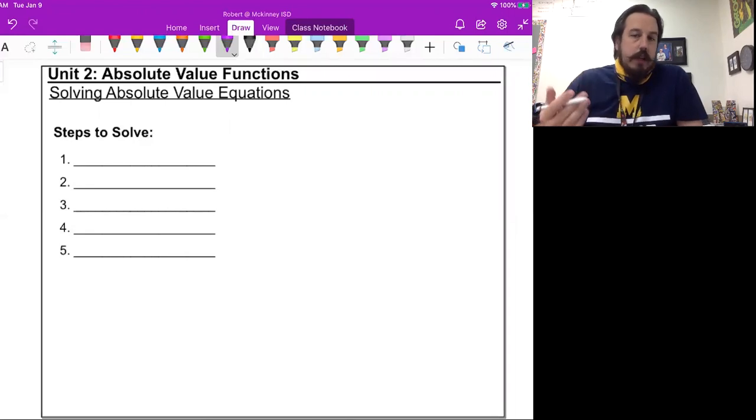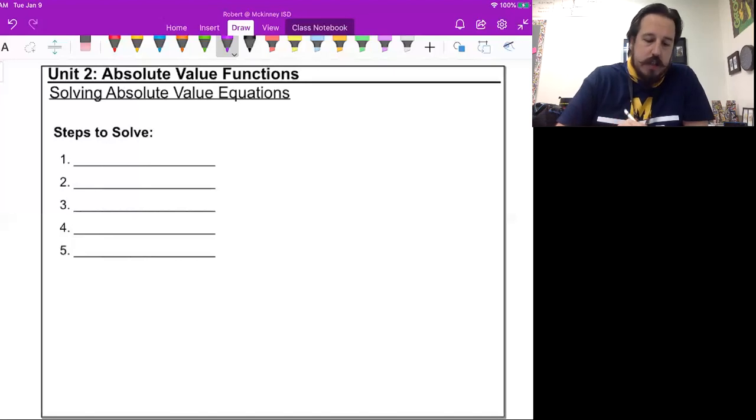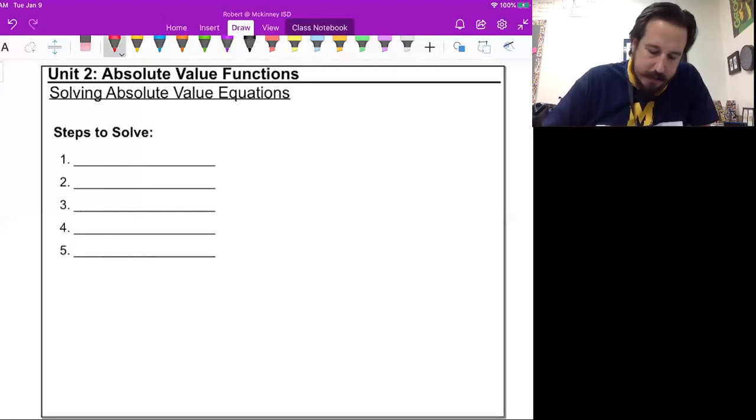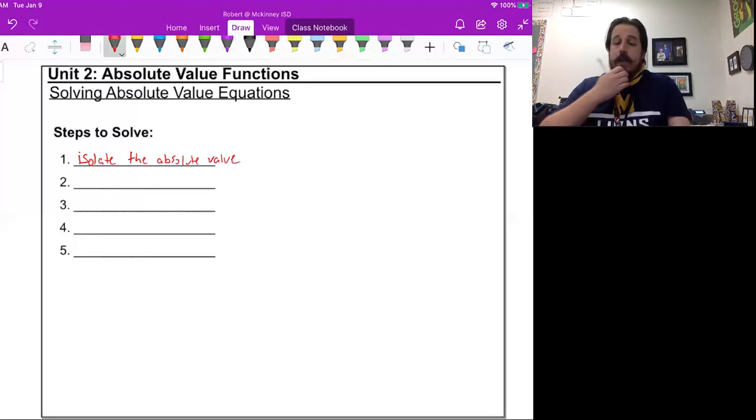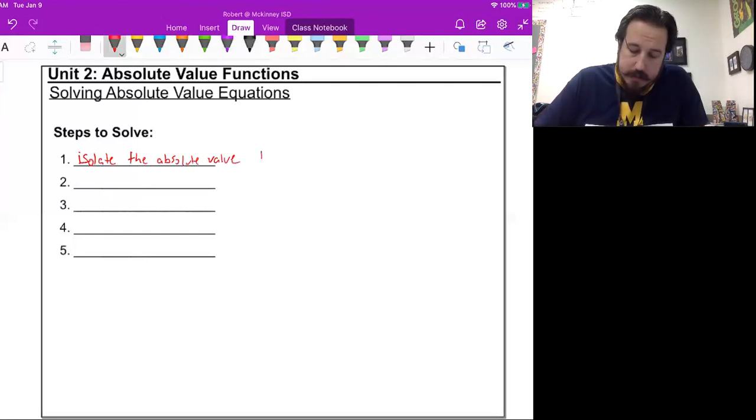So when we're looking at solving absolute value functions, we have 5 steps that we're going to follow. Our first step is to isolate. When we are isolating, or getting alone, the absolute value, okay, so whatever is inside of those absolute value bars, you'll have x inside there.